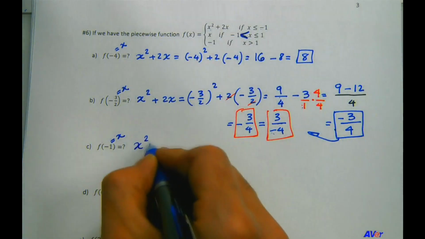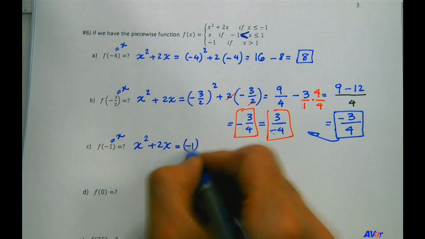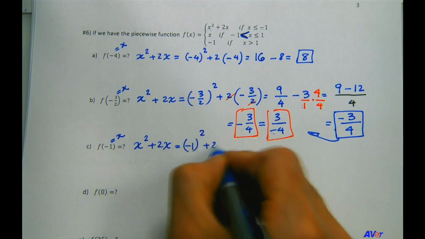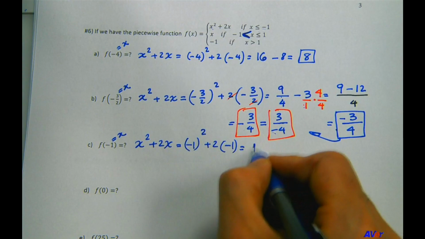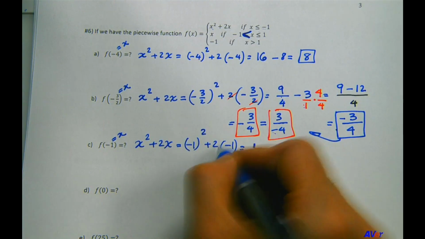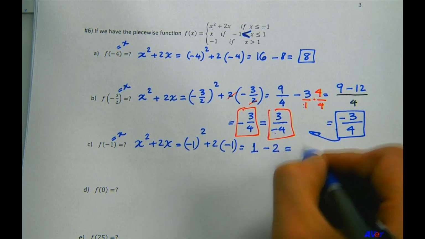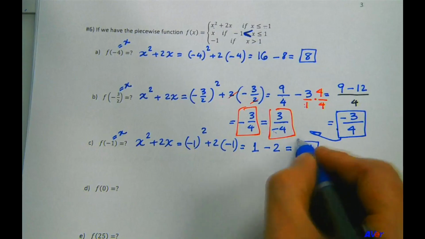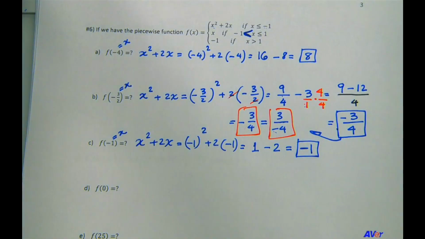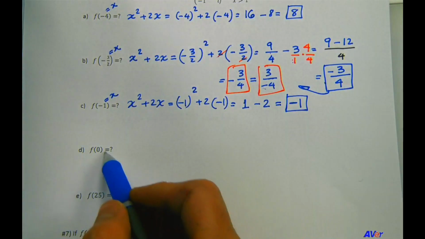So we're still using this function, x squared plus 2x, and plug in -1 for x. -1 squared is 1, plus 2 times -1 is -2, equals 1 minus 2, which is -1.